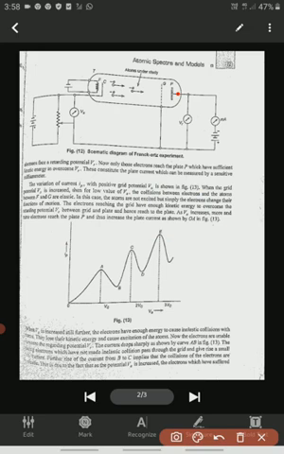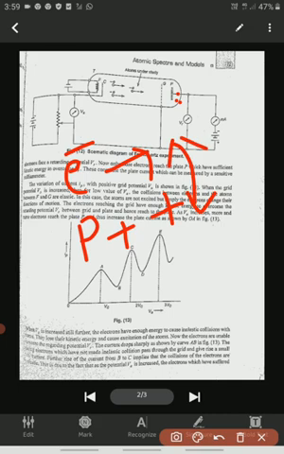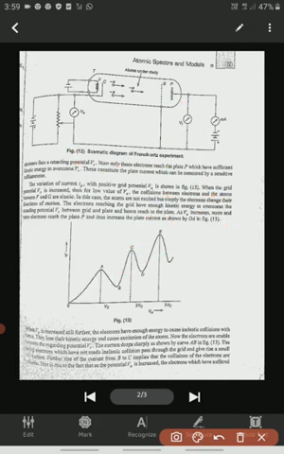Electrons have a negative charge and the plate has a positive charge, so an attractive force acts between them, and electrons move with high speed towards the plate. Some retarding potential is present at the grid.